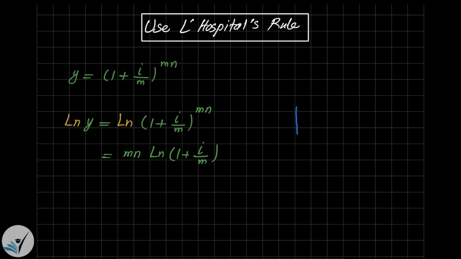As a side note, ln of a to the b is equal to b times ln of a, and this is the rule that I use here to simplify this equation.